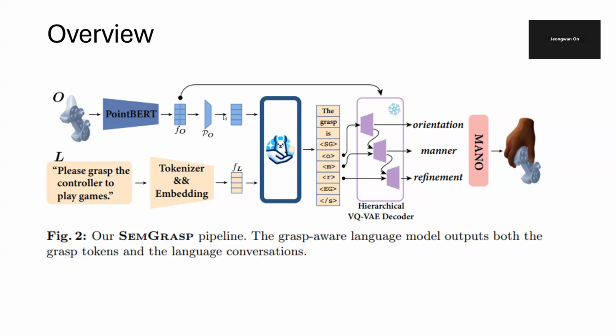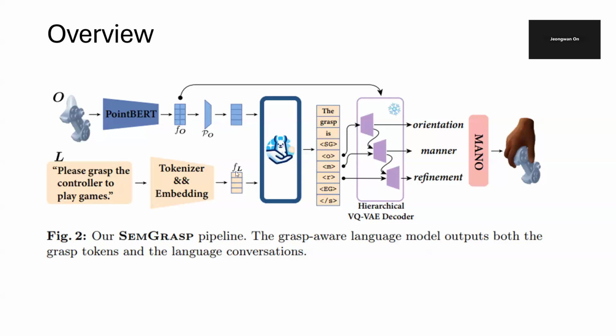And we have language features coming out of the tokenizer and embedding, which come from the user-provided prompt. Here in this example, it's, "Please grasp the controller to play games."